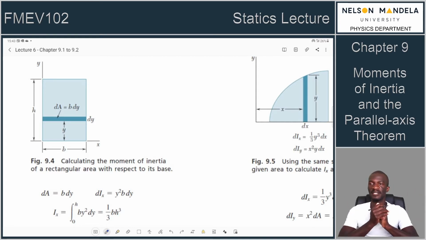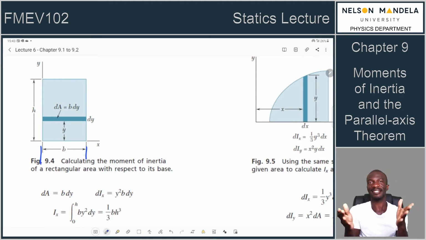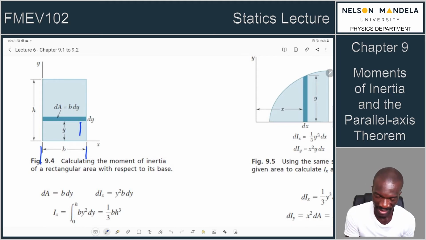So this is representing the area whose second moment we want to find. But for us to find it, we need to integrate the second moments of every small strip, which in this case is a horizontal strip. So this horizontal strip has a length B and a thickness dy.